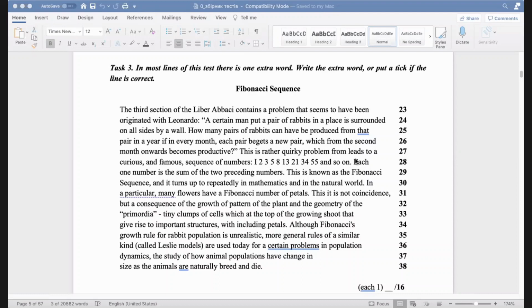From. Yes, right. Everything is all right. Yes, this sentence has no extra words. Each one number is the sum of the two preceding numbers. This is known as Fibonacci.